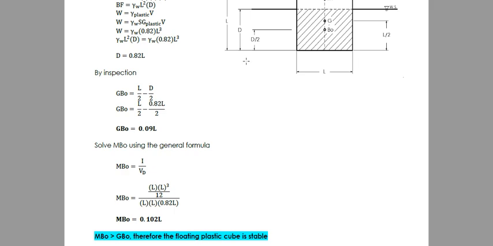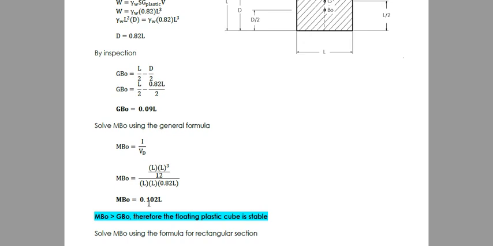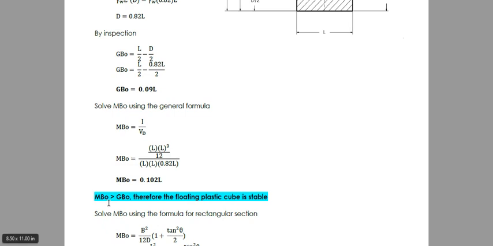D is equal to 0.82 of L as we have solved a while ago. So MBO is equal to 0.102 L. Now we have the two values already, GBO and MBO. So compare. MBO is greater than GBO, therefore the floating plastic cube is stable siya.